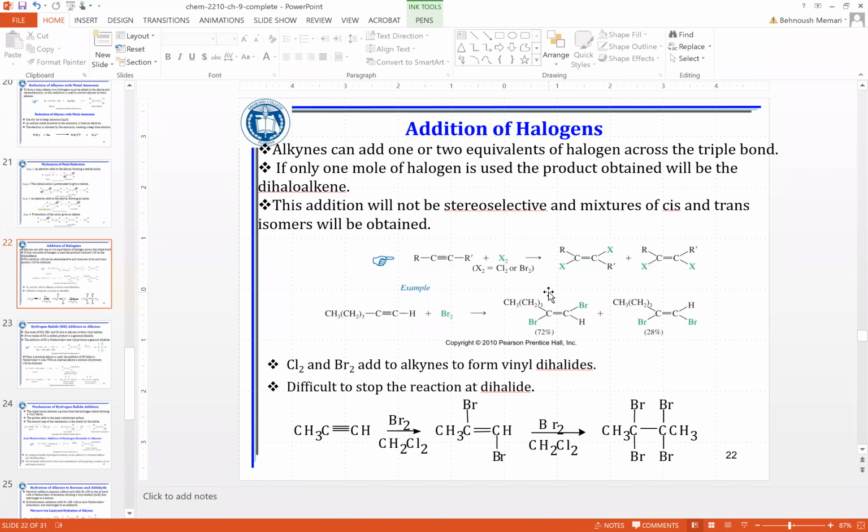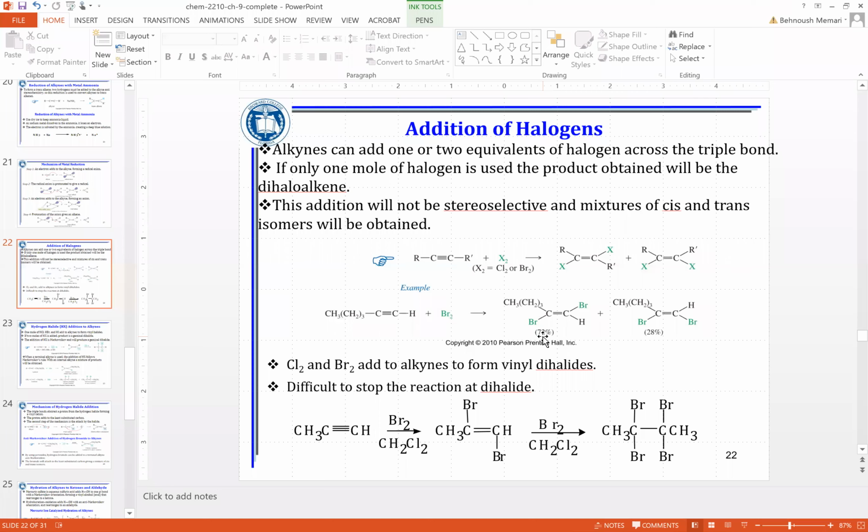You also had a question like that in the previous exam for alkenes. If it's trans, it is more stable than the cis alkene. And that could be the reason for 72% versus 28%, because it's more stable.